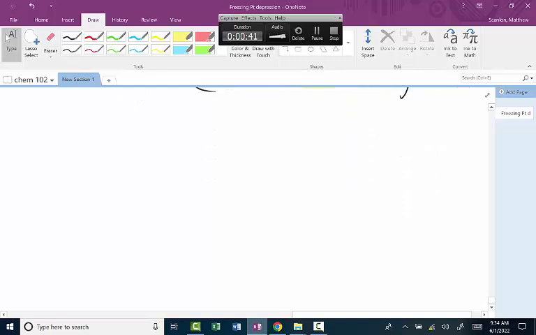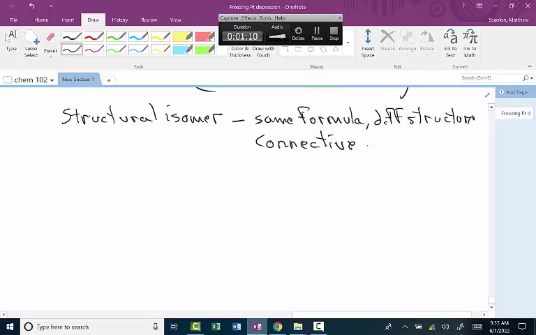And so what a structural isomer is, a structural isomer, it is defined as having the same formula but a different structure. And that means the connectivity is different. Okay, so let's look at one. Let's take C4H10, which you know as butane.